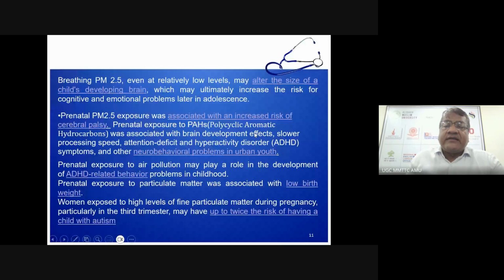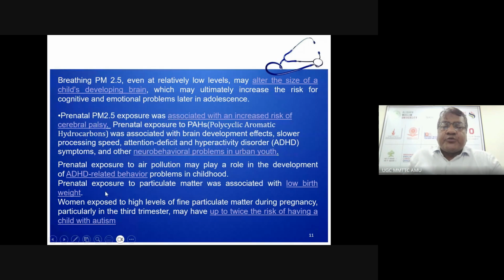This is known as the ADHD symptoms and other neurobehavioral problem in the urban youth. So prenatal exposure to air pollution may play a role in development of the ADHD related behavior problem in children.